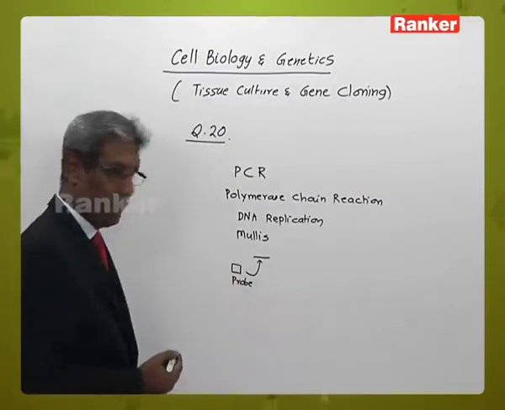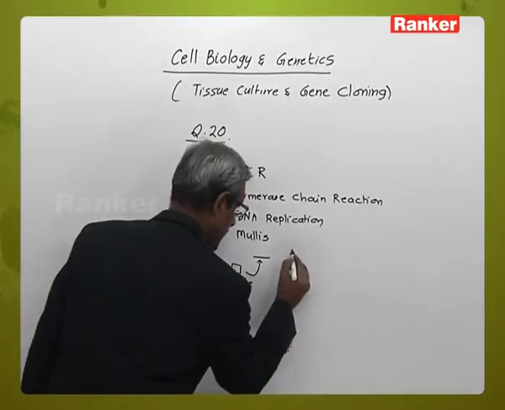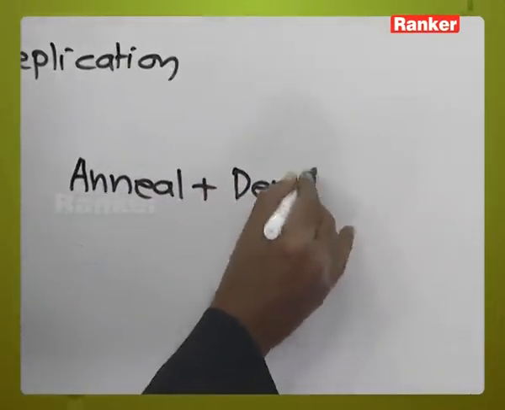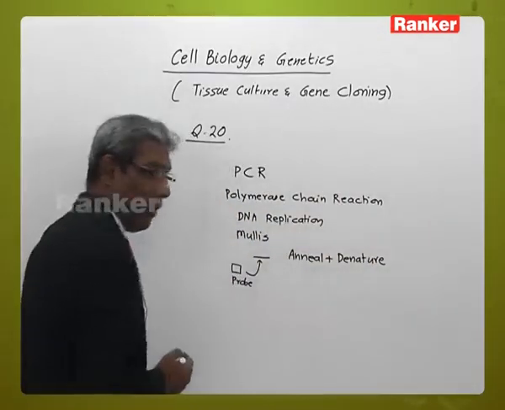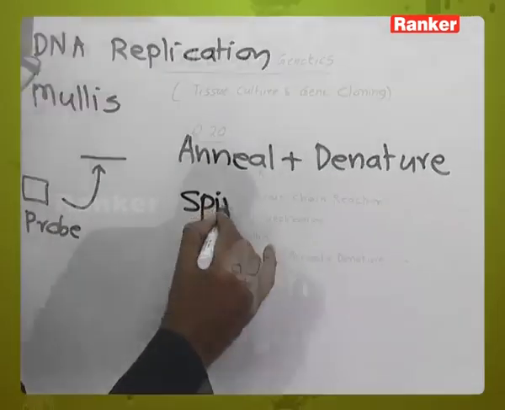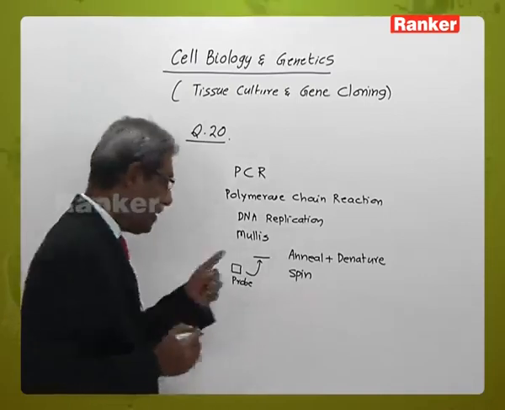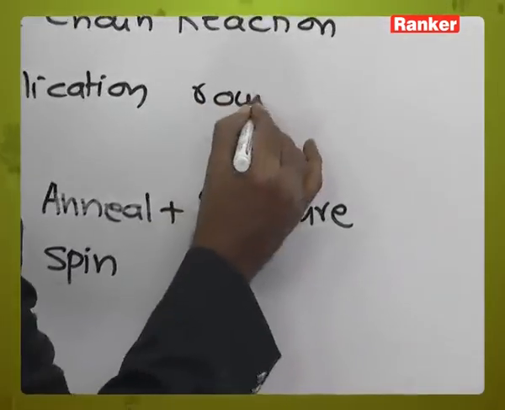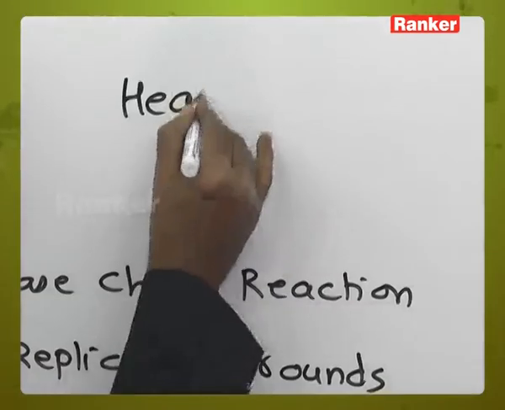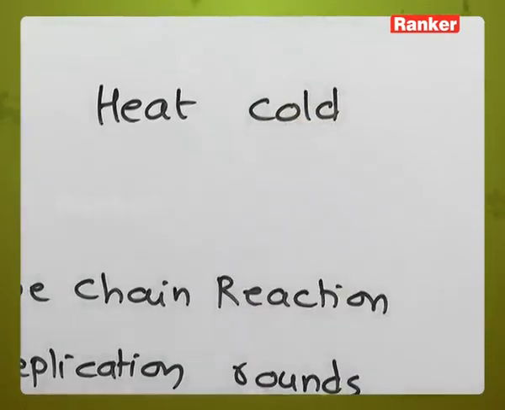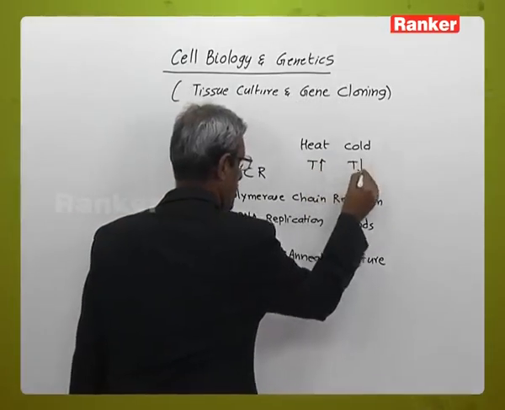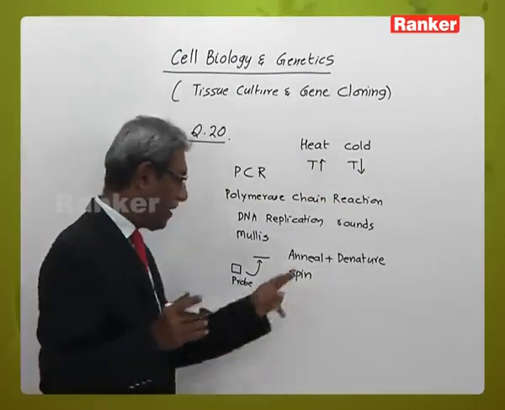When you add a probe, the DNA can both anneal, that is join, as well as denature, that is separate. You subject it to several rounds of DNA replication by causing alternate heat and cold. When you subject it to very high temperatures and very low temperatures, the DNA can both separate as well as join.